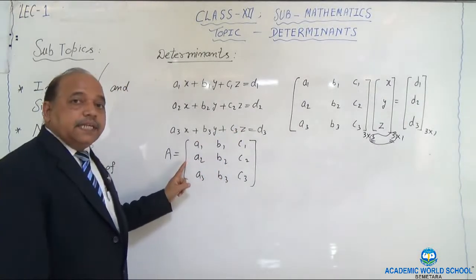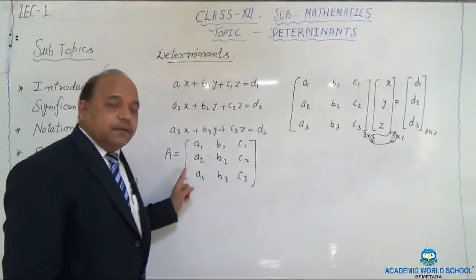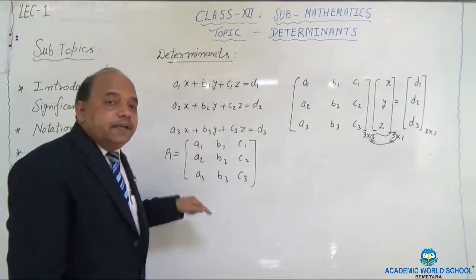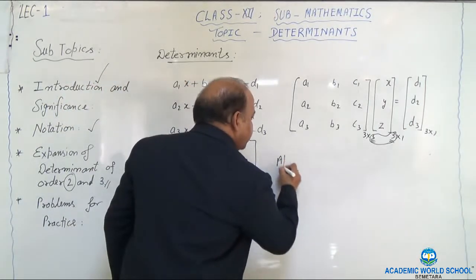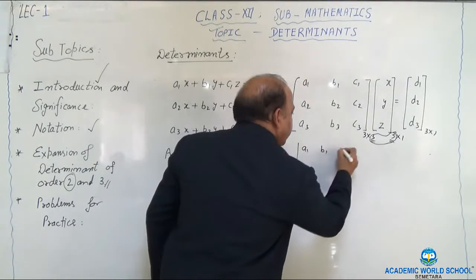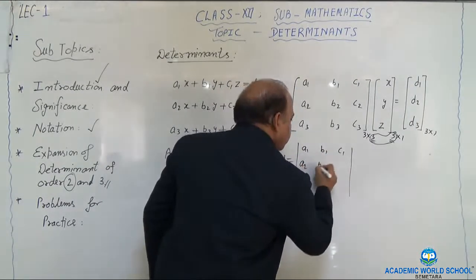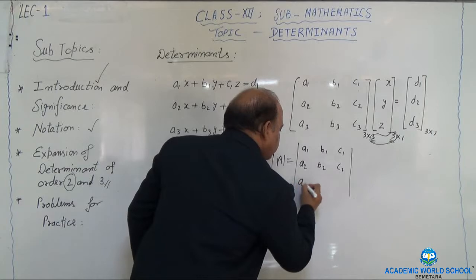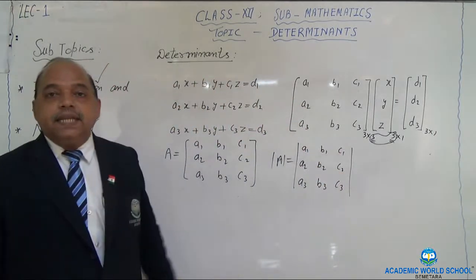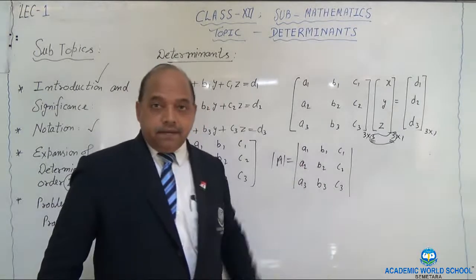So if this is a matrix of order 3 cross 3, what will be the corresponding determinant? You will say that determinant A will be nothing but A1, B1, C1, A2, B2, C2, A3, B3, C3. This will be my 3 cross 3 determinant.